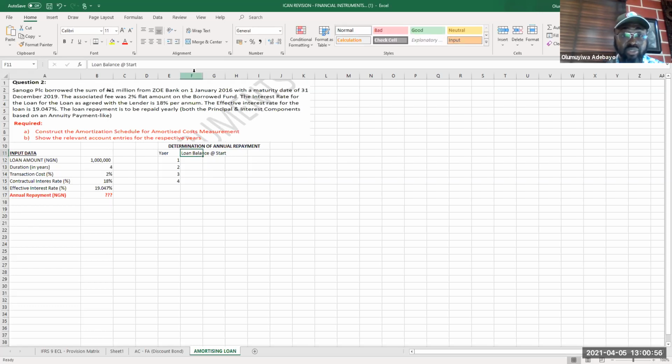This is the schedule your bank will give to you. I want to show you how they construct their schedule.